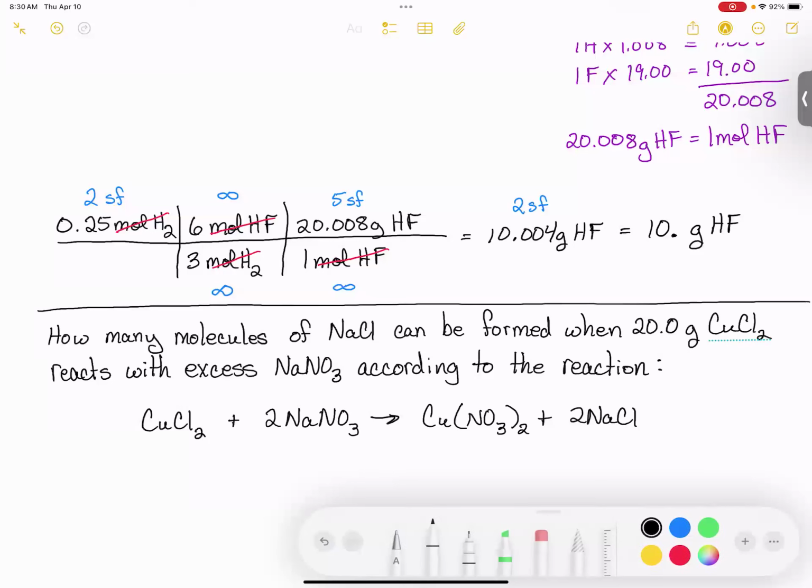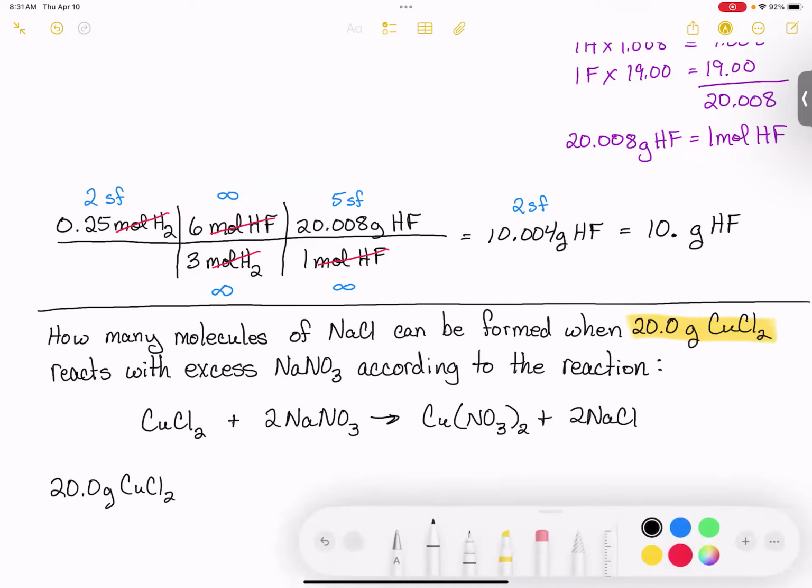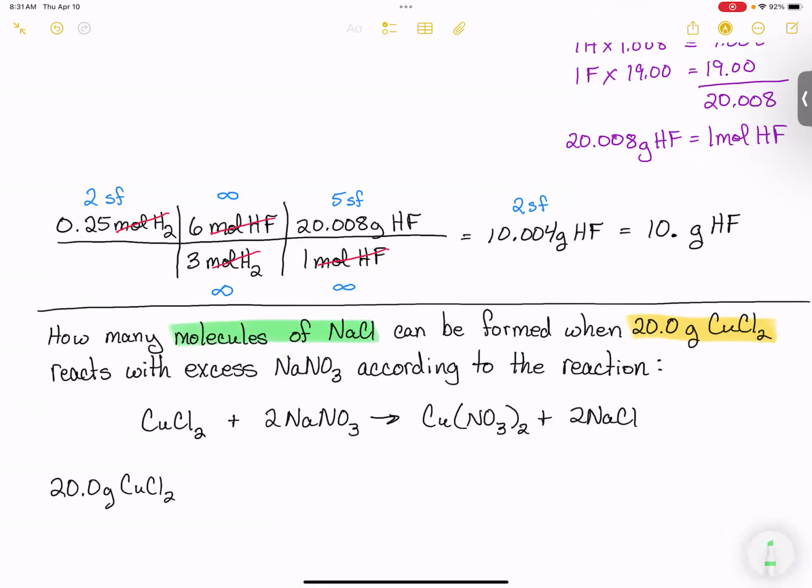Okay, we are going to look at what we were given. We were given 20.0 grams of CuCl2. We are going to look at what we were asked to solve for. We were asked to solve for molecules of NaCl.